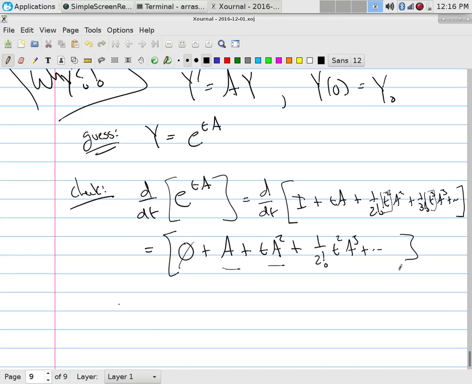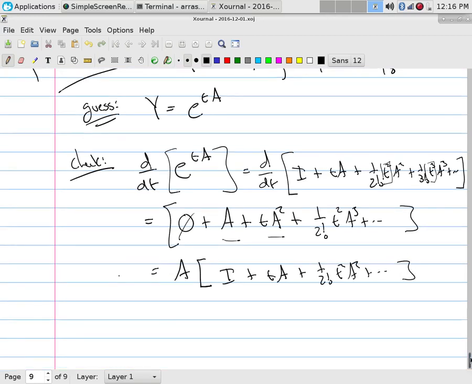Now that's not here, right? How many a's are on all of these? 1. If I factor it out, I'm left with I plus ta plus 1 over 2 factorial t squared a squared. That looks awfully familiar. That's ay.